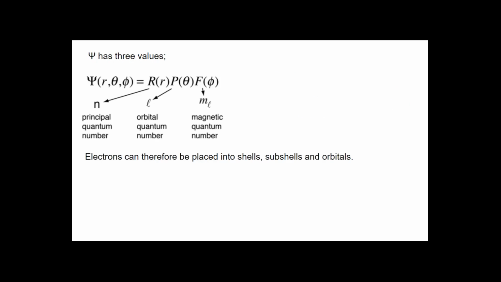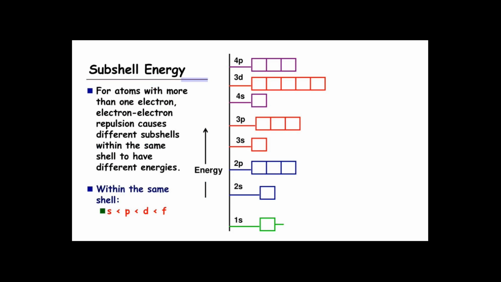So the point here is that we know the first shell contains 2 electrons. All of these are in the 1s. In the second shell, you have 2 in the s, but then 6 in the p, giving a total of 8.